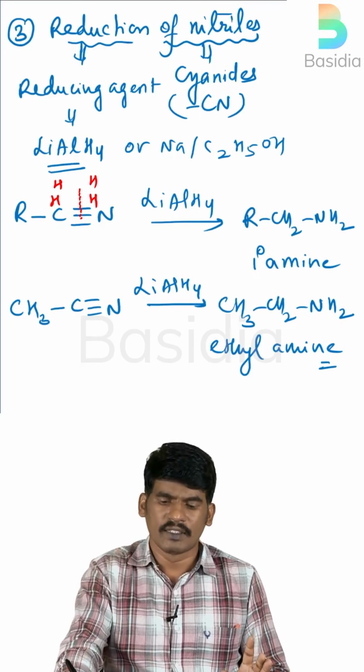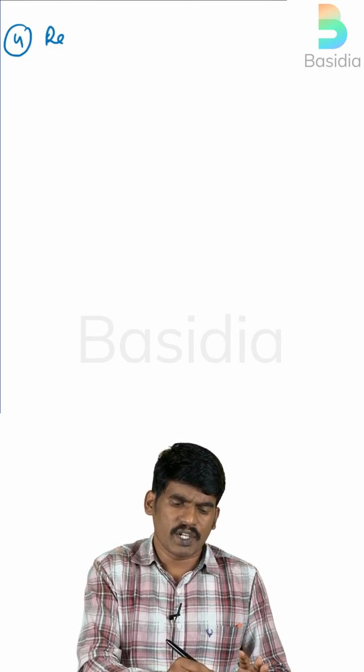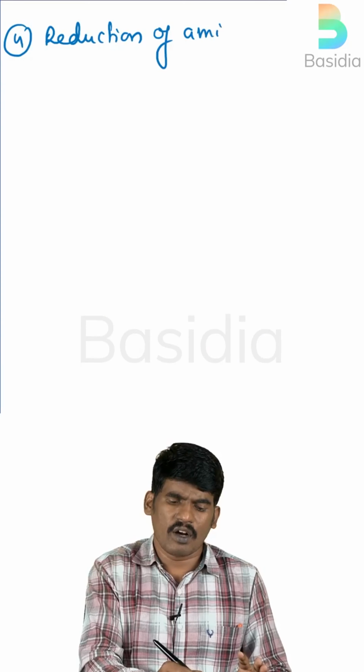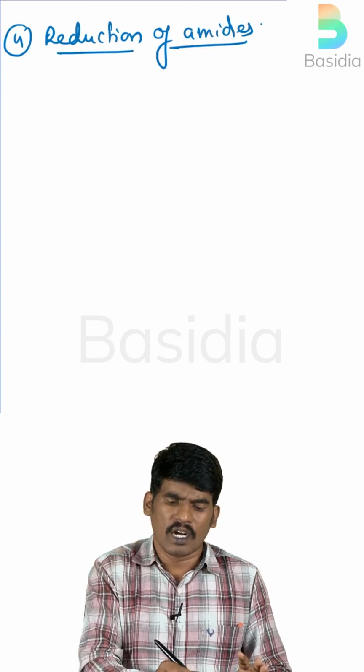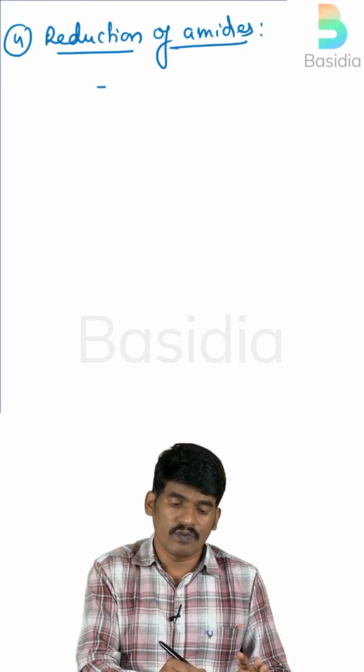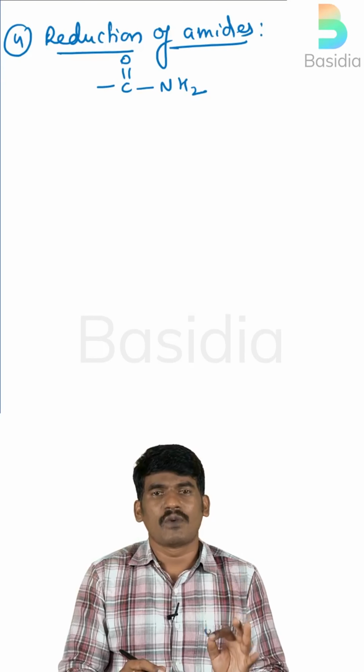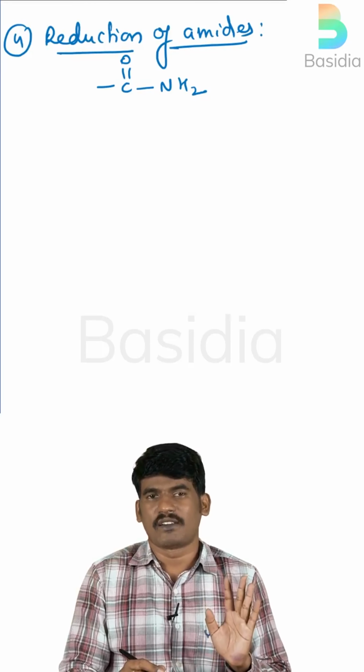Hope you understand. Next, we have reduction of amides. Amides are those compounds which have the CONH2 functional group. CONH2 functional group containing compounds are amides.